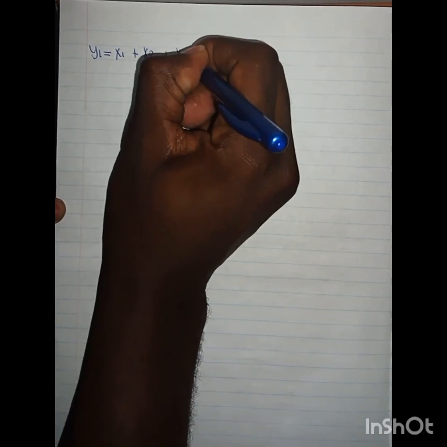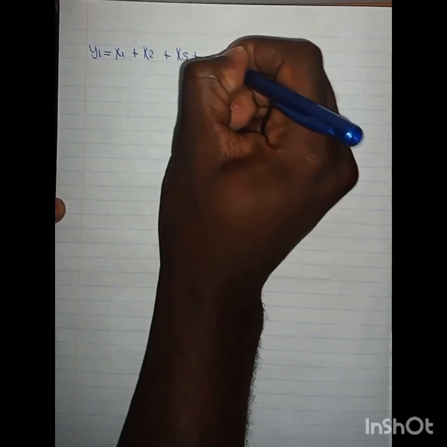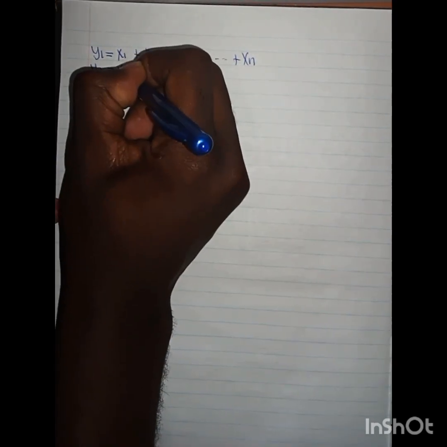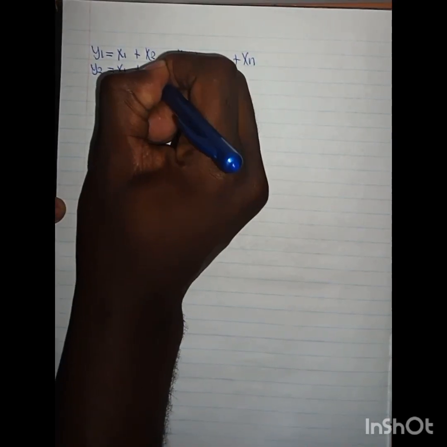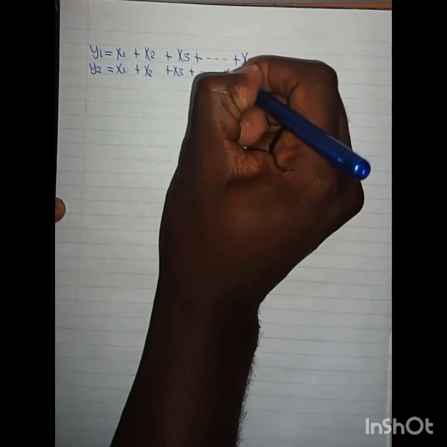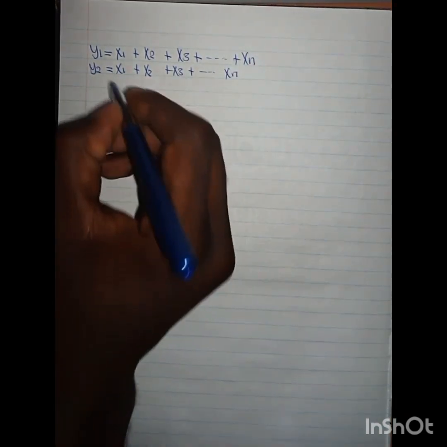So let me say now I have the following equations. Call this one y1, given by x1 plus x2 plus x3 plus up to xn. Then I also have y2, given by x1 plus x2 plus x3 plus up to xn.